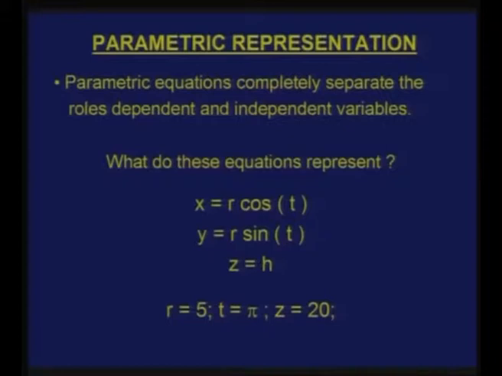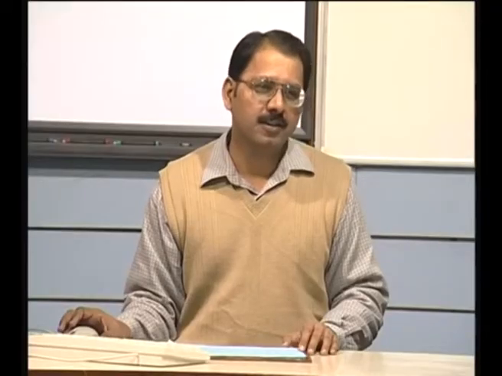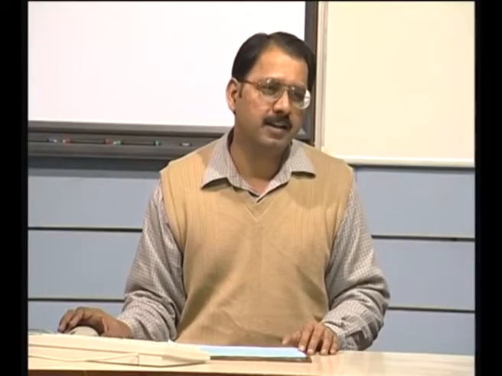Like if I say, given x is equal to r cos t, y is equal to r sin t, z is equal to h, what do they represent? What geometric entity? Cylinder. Somebody may say it is a cylinder, no, it is a circle, or no, it is a solid cylinder. I would say it can be anything.